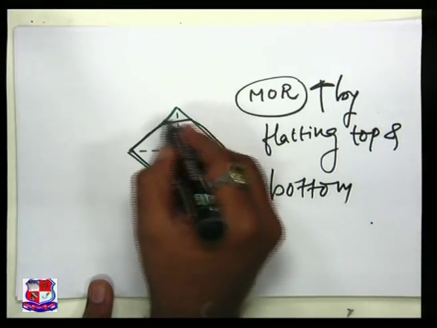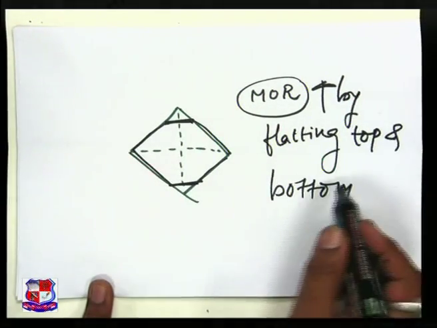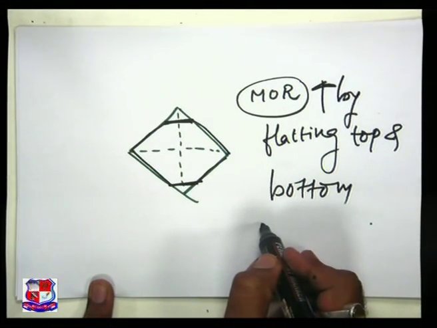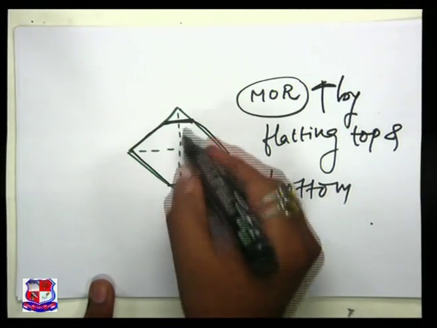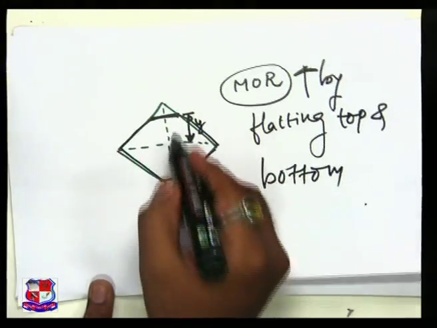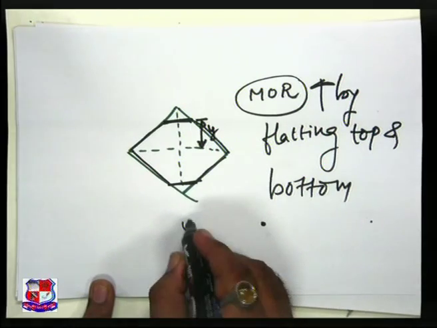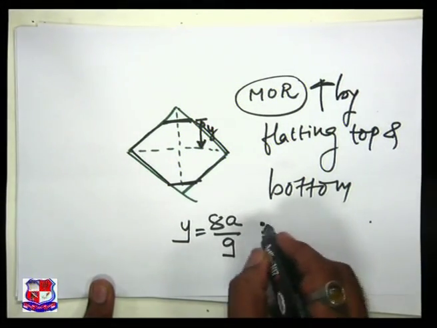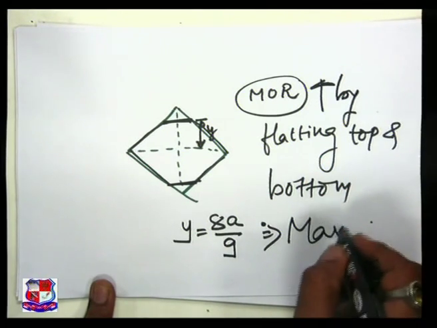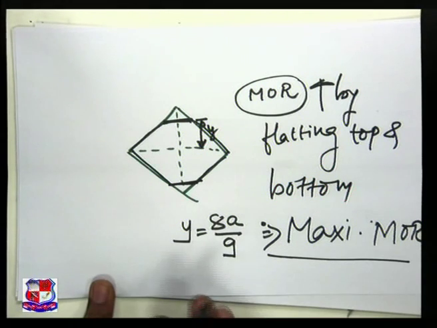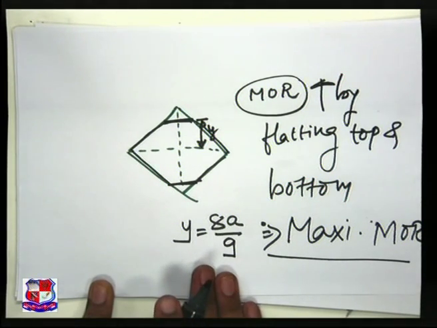So I have to make this portion flat. This is the statement that we have to prove. Also, the question tells us that when this distance y is equal to 8a by 9, we achieve maximum moment of resistance. This we have to prove.